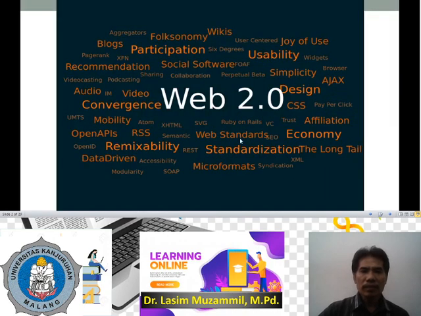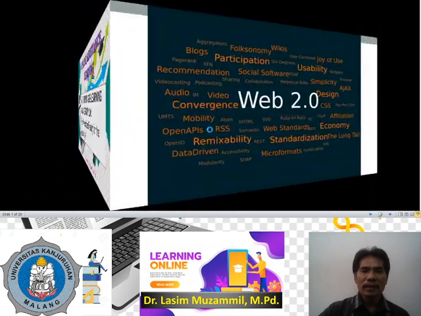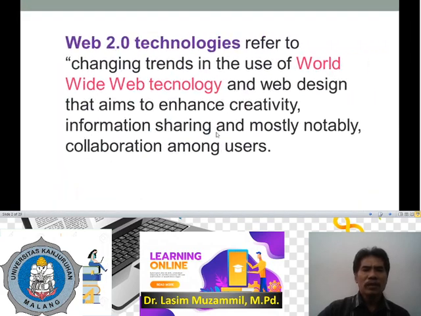Today's topic is going to be Web 2 or implementing e-learning in University 2. We have the terms University 2, Web 2, and also Learning 2, right? Okay, what is actually meant by Web 2?